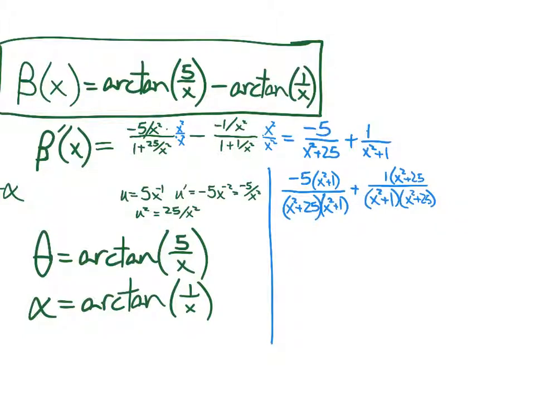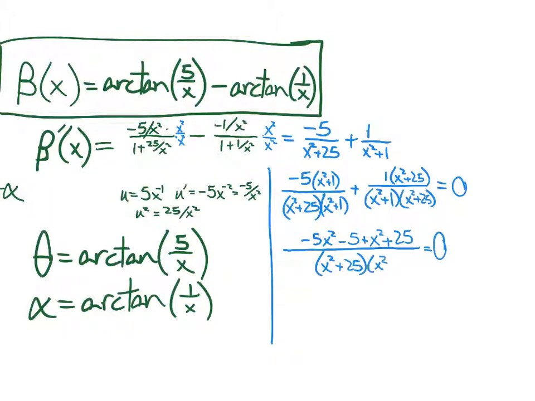So now I have a common denominator. I'll put all this together because I'm setting this equal to 0. So I have negative 5x squared minus 5 plus x squared plus 25 over x squared plus 25 times x squared plus 1.